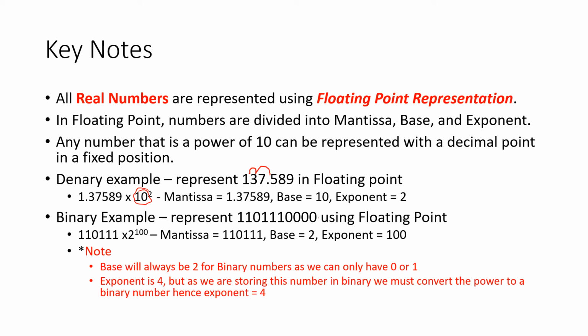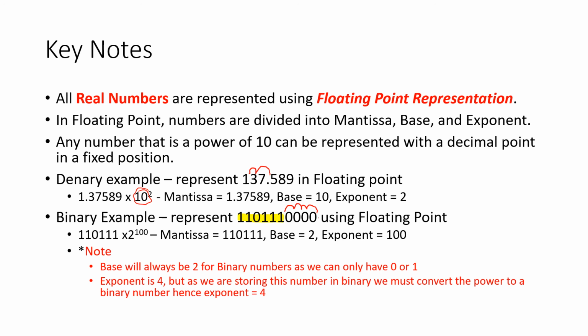We want to get rid of as many as possible. So we move it 1, 2, 3, and 4. So our mantissa is going to be this value here. So we would have 11011 times 2.